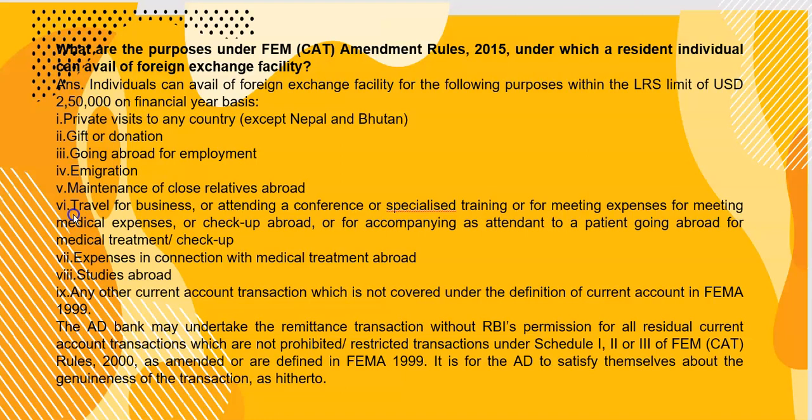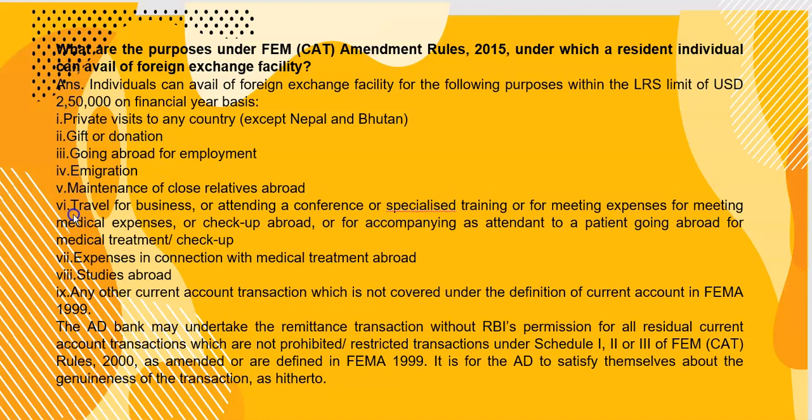Gift or donation, going abroad for employment, emigration, maintenance of close relative abroad, travel for business, attending a conference, specialized training or meeting, expenses for meeting, medical expenses, checkup abroad, accompanying as attendant to a patient going abroad for medical treatment or checkup, expenses in connection with medical treatment abroad, studies abroad, that comes under LRS, and any other current account transactions which are not covered under the definition of current account in FEMA.